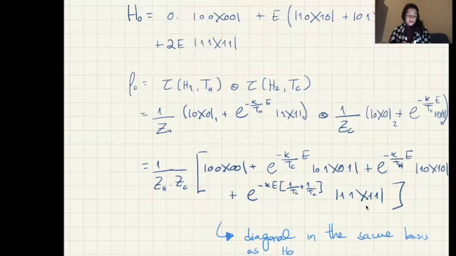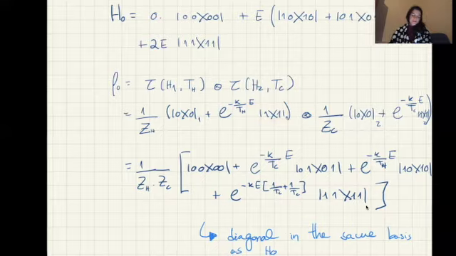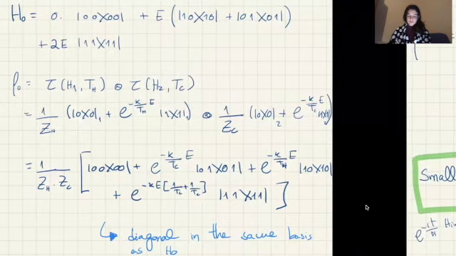So, 1 over the partition function of the hot one, and then e to the minus E over k T hot, so that's 1 here for level 0, and e to the minus E over k T hot for the level with energy E. And the same thing on the second qubit, except the only difference is here the cold temperature, and here the partition function for C.